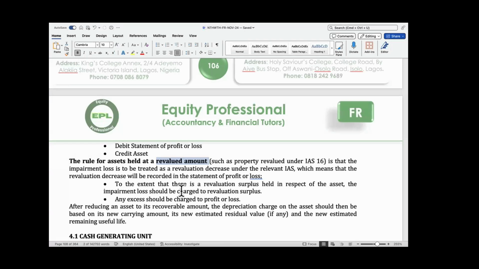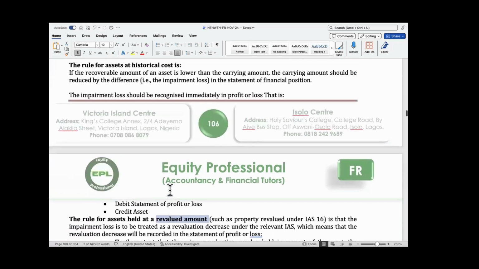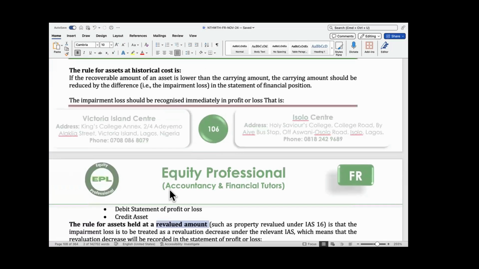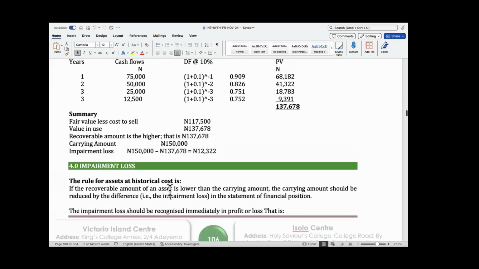But if there is no previous surplus, then the impairment loss can go its normal natural route, straight to P&L as a debit. You eat it against that surplus first through a debit to OCI. It's only if there's any excess that you can then take to P&L. So that's how you account for impairment loss.